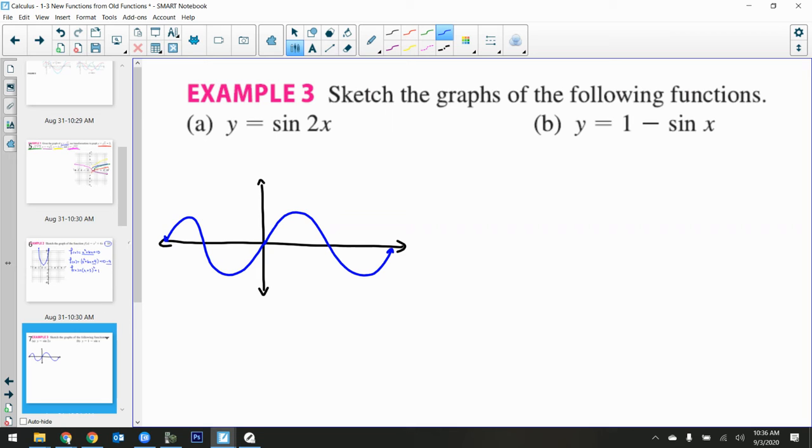So that we're going to call sine x. Remember, this is pi, and this is 2 pi, where it crosses again. This is negative pi, and this is negative 2 pi. And I guess if I'm going to write that in, I should write +1 to -1.